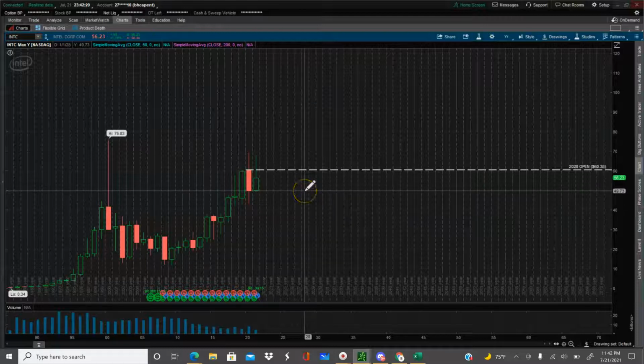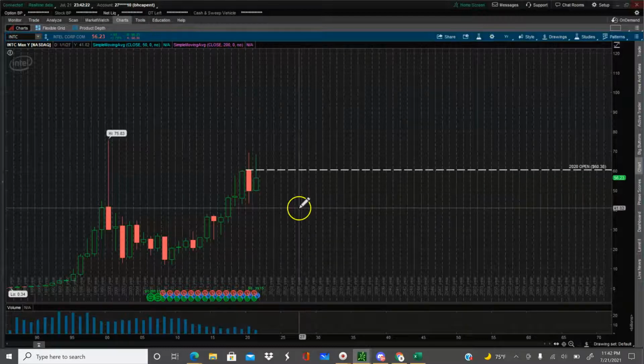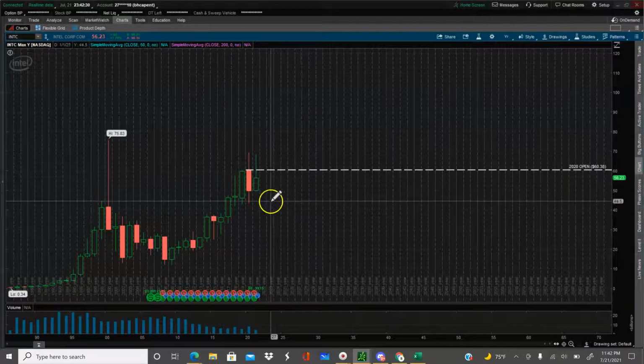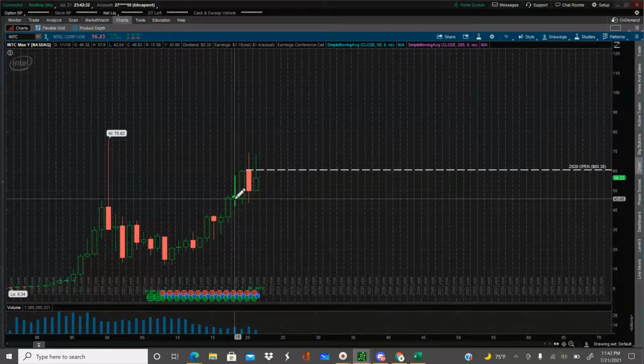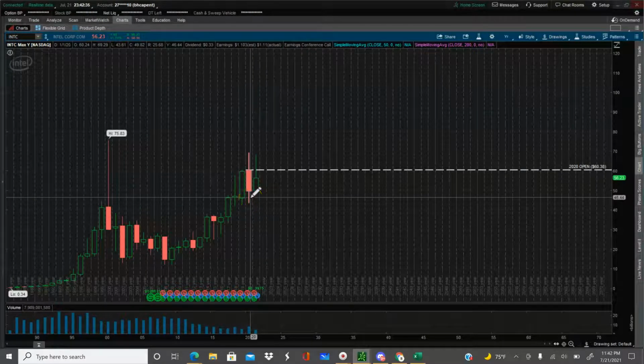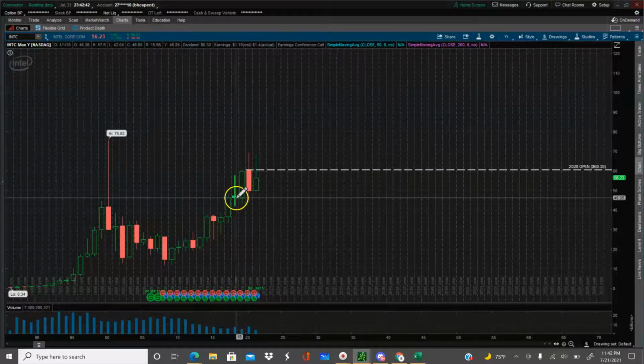Price has been pretty much trading between about 46 and 60 over the past, let's say, one, two, three, four years. So, definitely range bound here on this yearly chart.